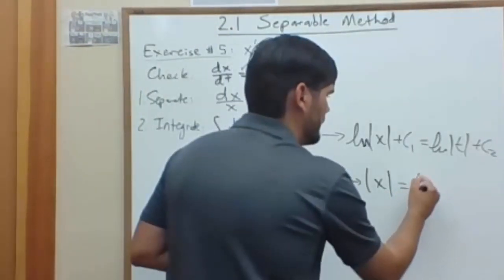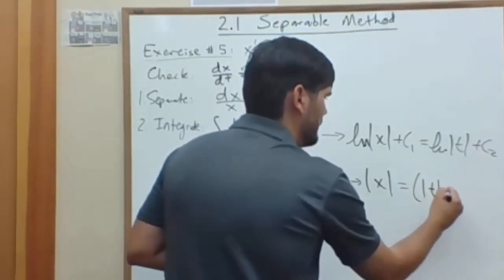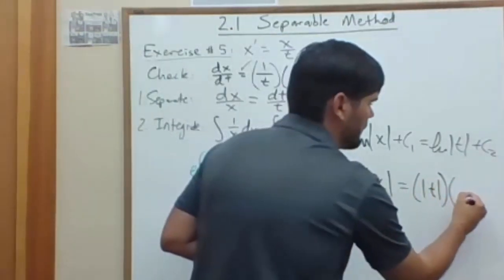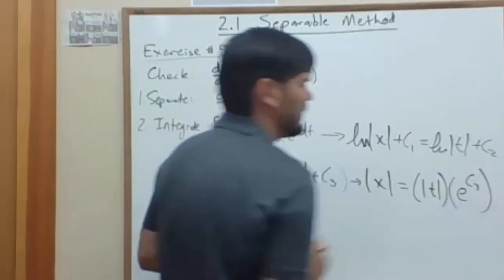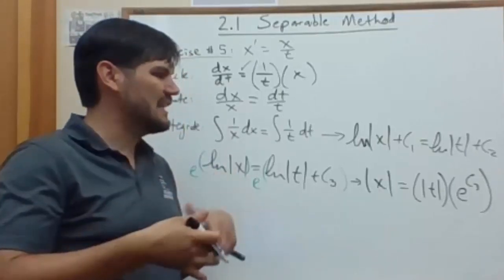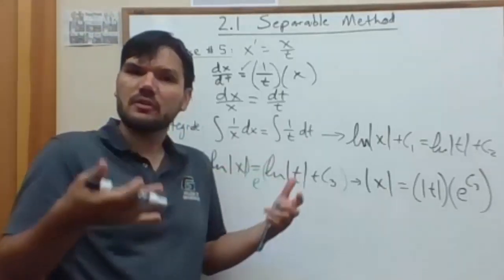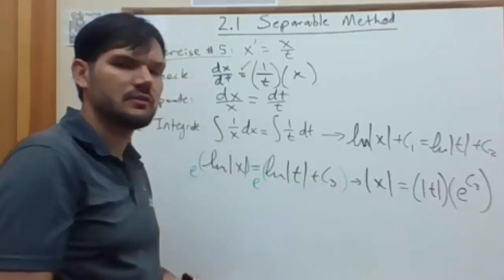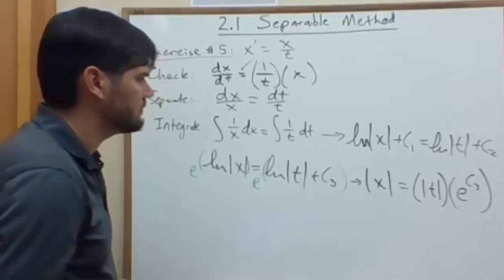So we have the absolute value of t times e to the c3. Now, c3 is an arbitrary constant, so exponentiating an arbitrary constant gives a constant, but it's positive, because exponentials cannot be negative or 0.